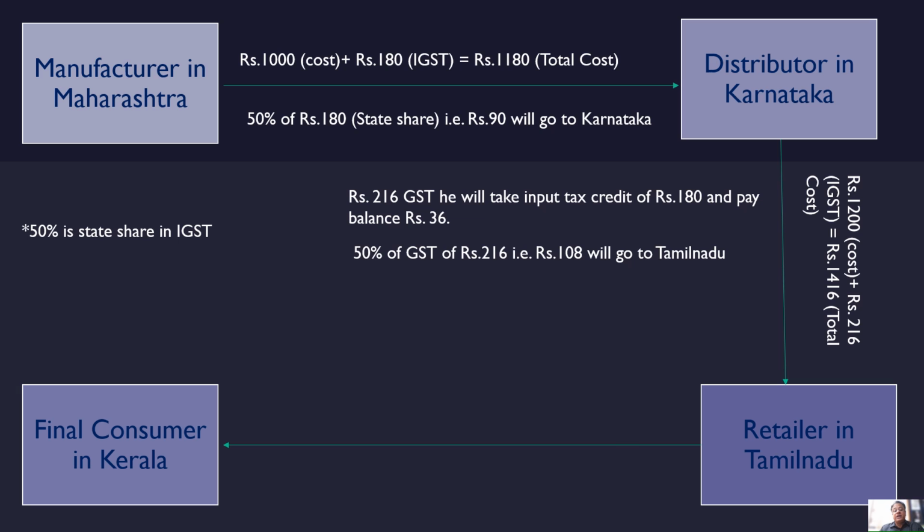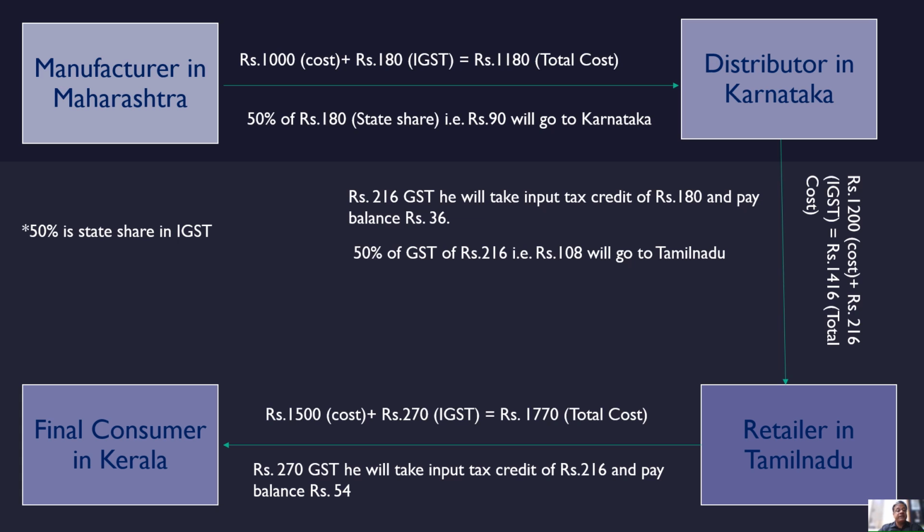Now the Tamil Nadu retailer further supplies the goods to the final consumer in Kerala. So the goods are finally consumed in Kerala. He makes a markup. Now the cost of the goods is 1500 rupees. 18% GST, 270 IGST inter-state supply. So the total cost of the goods including GST now is 1770.